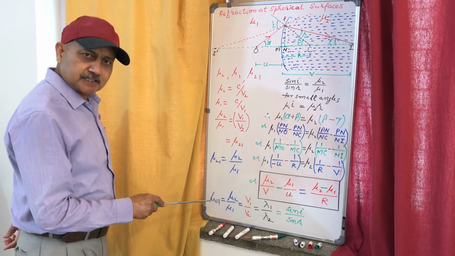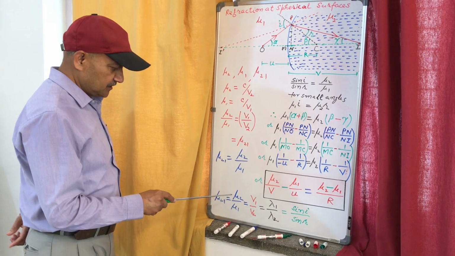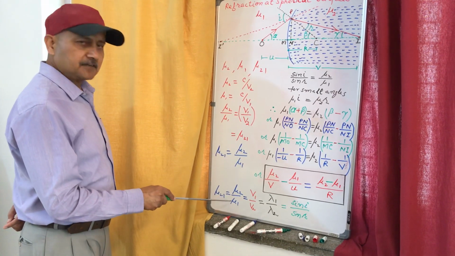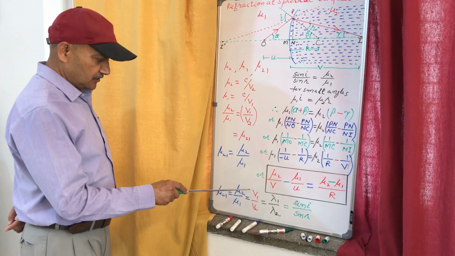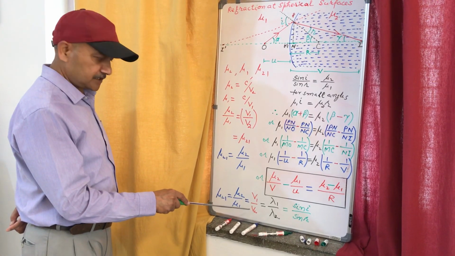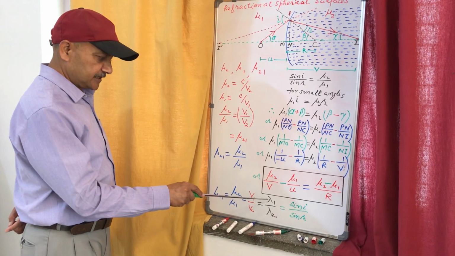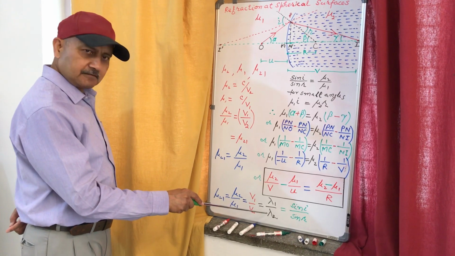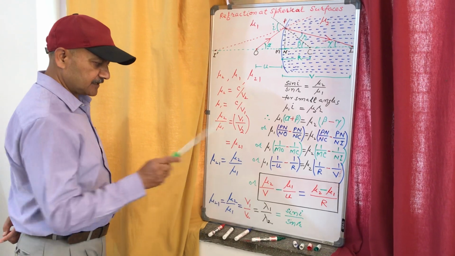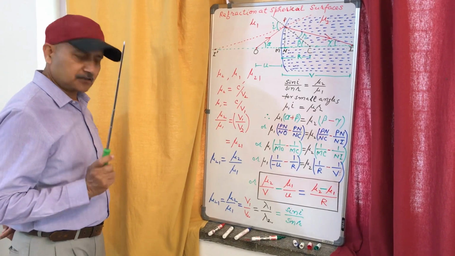Mu21, the refractive index of the second medium with respect to the first medium, is equal to the refractive index of the second medium divided by the refractive index of the first medium, is equal to the velocity in the first medium divided by the velocity in the second medium, is equal to the wavelength in the first medium divided by the wavelength in the second medium, is equal to the sine of the angle of incidence divided by the sine of the angle of refraction.